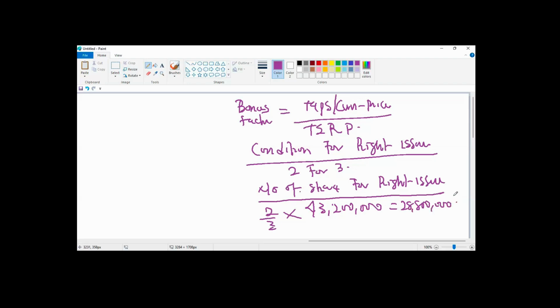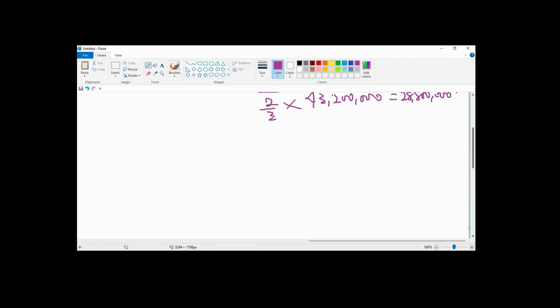So then the market price per share is given in the question as 20 naira. So we need the theoretical ex-rights price. Don't forget, 3 at market price, which is 20. The 2 you are giving me below the market price, what is it? 15 naira.